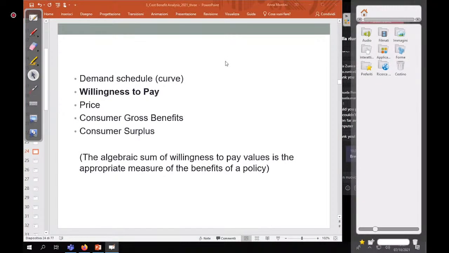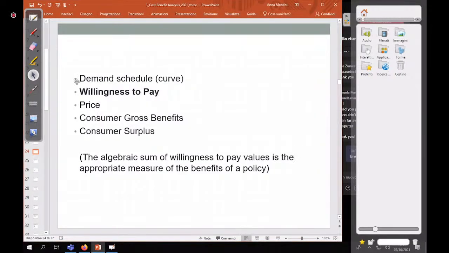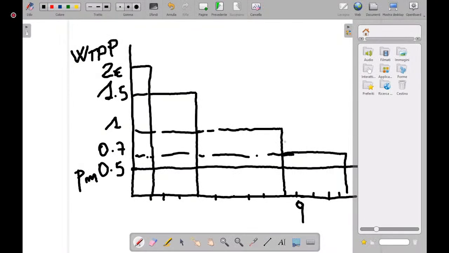Okay, so the demand schedule can be called also demand curve, and usually we have a demand curve that is similar to this.